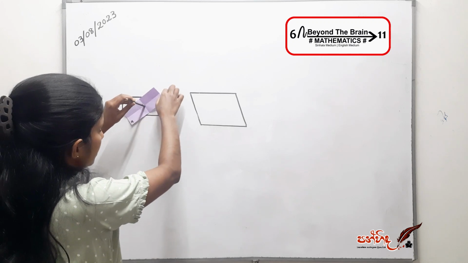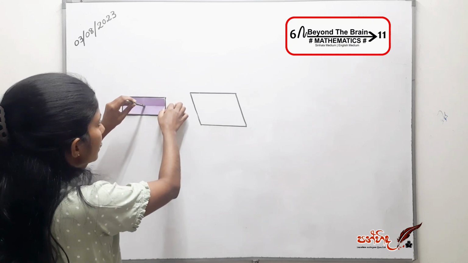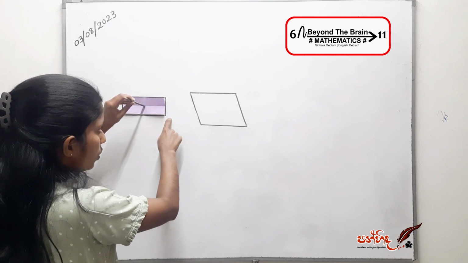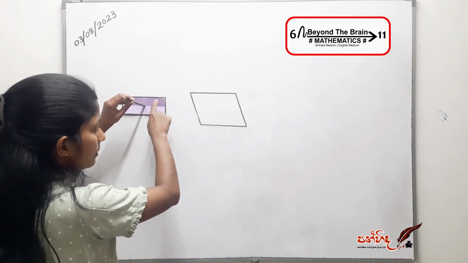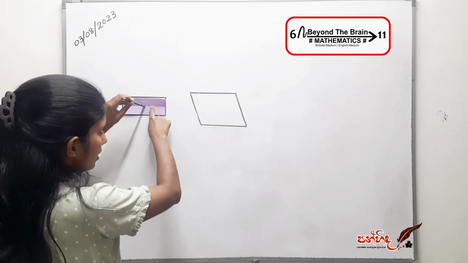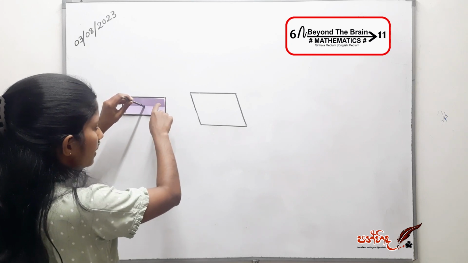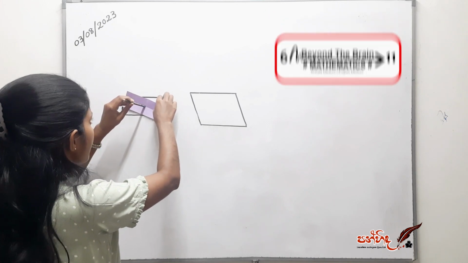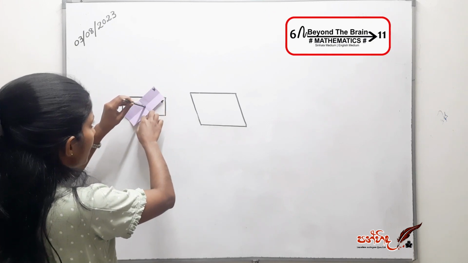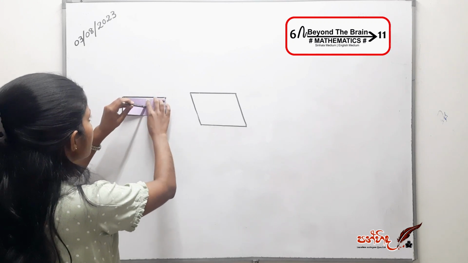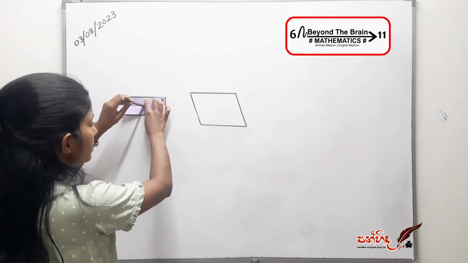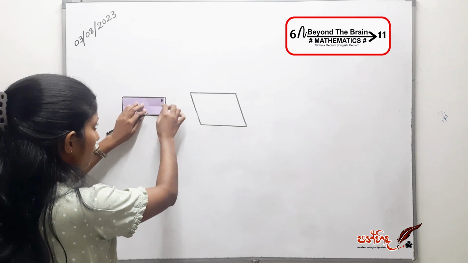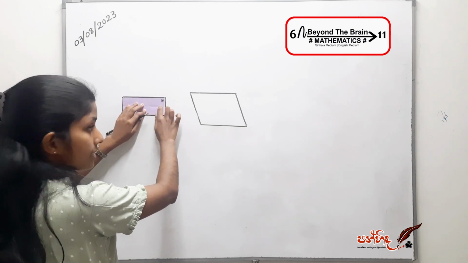And in this position, you can understand again that these two are coinciding. The figure on the board and the figure we have made from an A4 paper, you can see both are coinciding. So one time it has coincided, and again we are rotating, and again in this position, when it completes one single rotation, you can understand it's coinciding again.